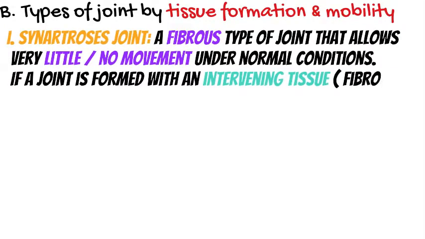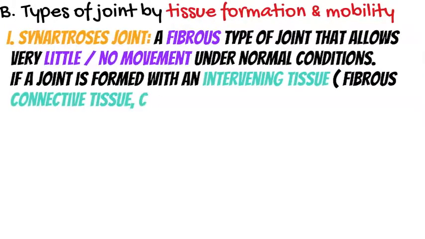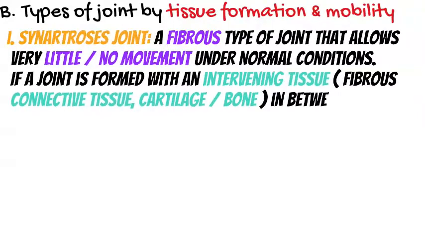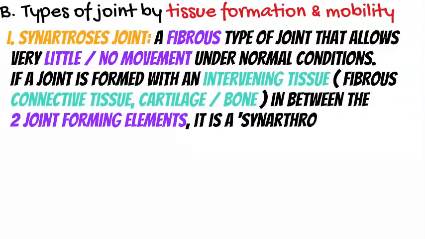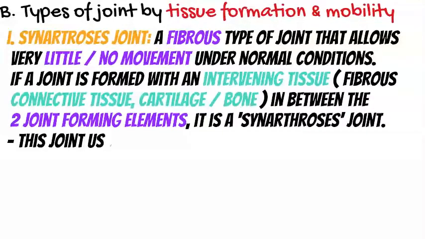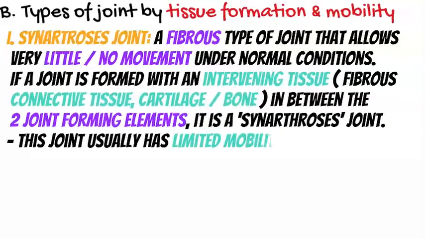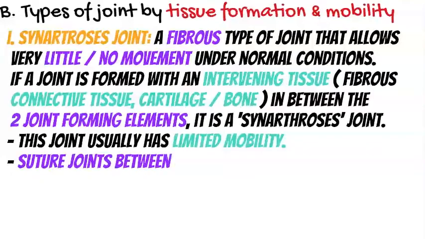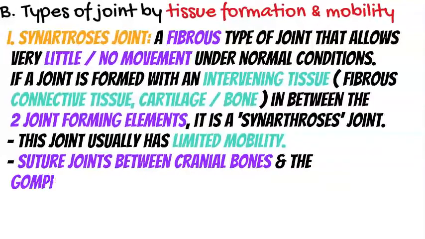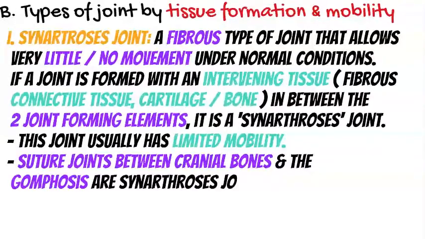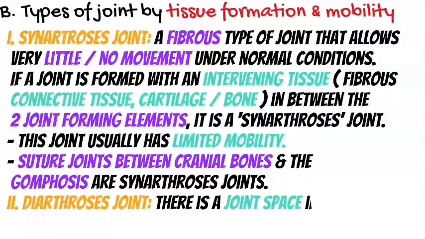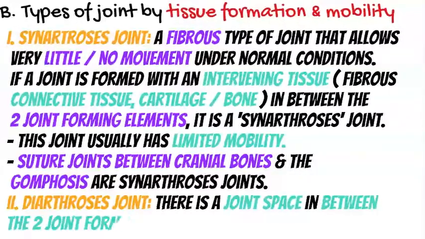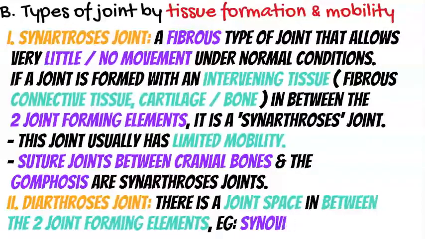If a joint is formed with an intervening tissue, fibrous connective tissue, cartilage, or bone in between the two joint forming elements, it is a synarthrosis joint. This joint usually has limited mobility. Suture joints between the cranial bones and gomphosis are synarthrosis joints.